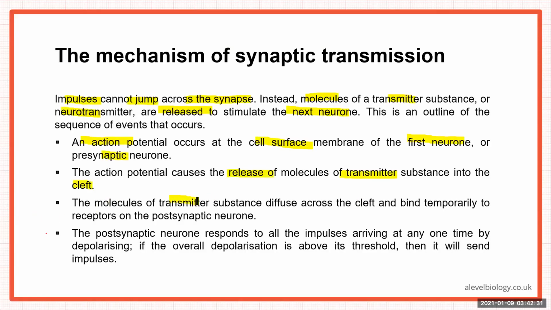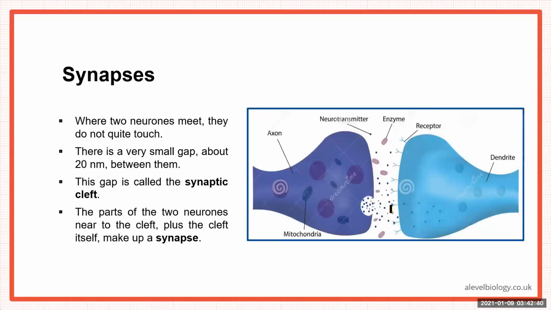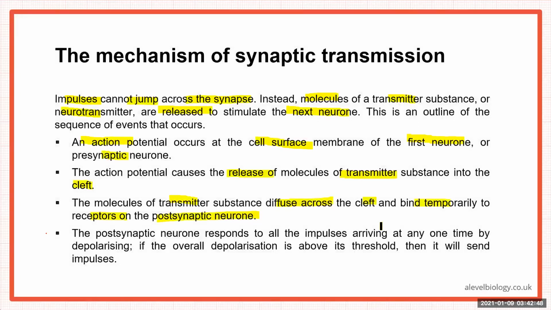The molecules of the transmitter substance then diffuse across the cleft and bind temporarily to the receptors of the postsynaptic neuron, which you're looking at here. See, this is the neurotransmitter that is attached to this receptor here. It binds to it temporarily. Now the postsynaptic neuron responds to all the impulses arriving at any one time by depolarizing.